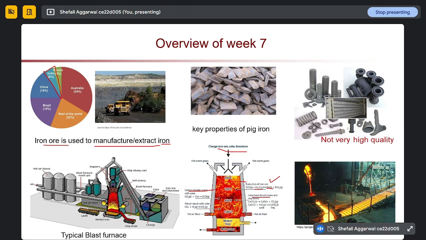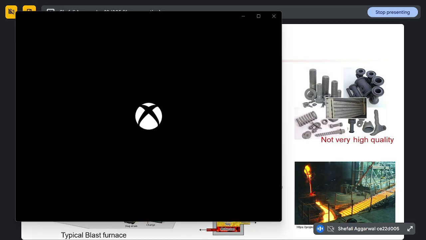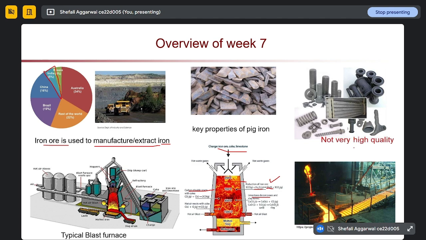Different types of molds are prepared in which we are adding this molten iron, and the normal iron is prepared from it. So the first type of iron which we get from the blast furnace is pig iron. This is the basic type of iron which we get directly from the iron ore by just heating it up.